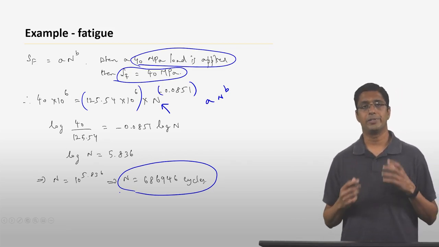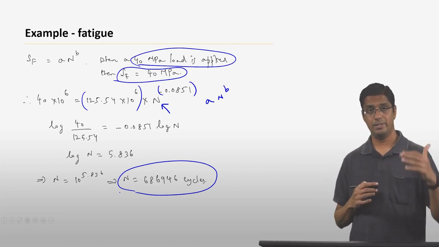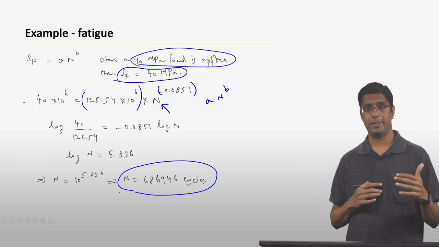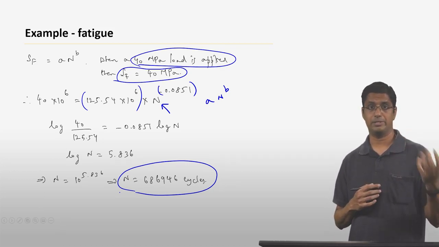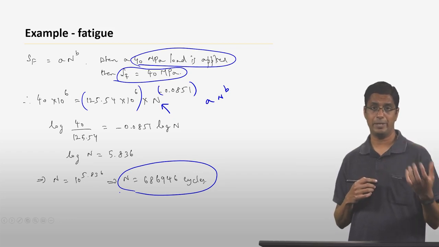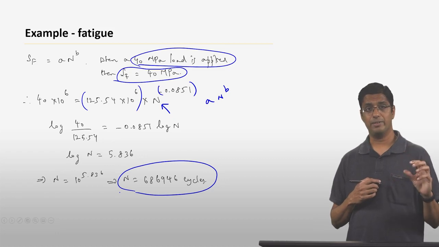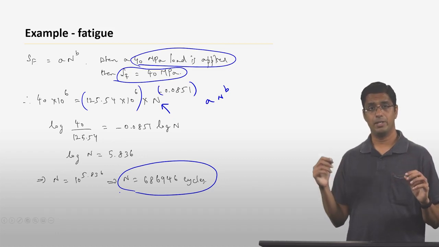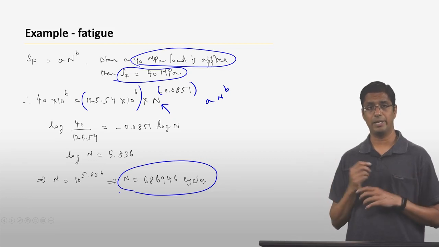Now what you see here is that when you reduce the stress from 50 MPa to 40 MPa, you're reducing it by a factor of 0.8, so basically by 20%, right? But now the number of cycles to failure goes from 50,000 to more than 686,000, which is more than a 10-fold increase.